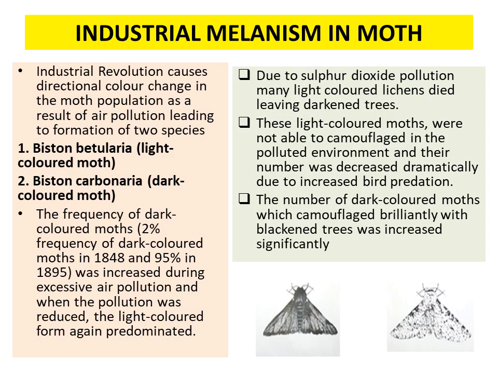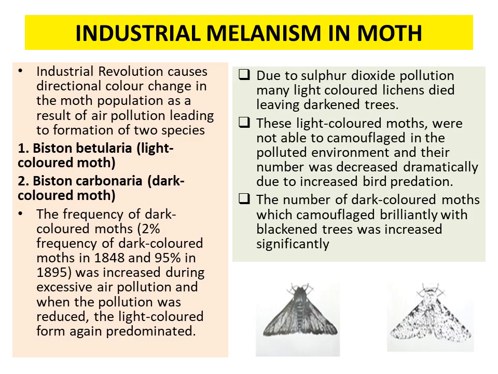Now coming to a very good example, industrial melanism in the moth. This is a very good example in which we can see speciation. The industrial revolution caused a directional color change in the moth population because of air pollution. We have got two types of moth. One is Biston betularia and second is Biston carbonaria. What happens?